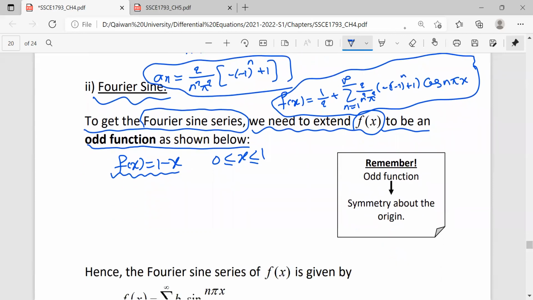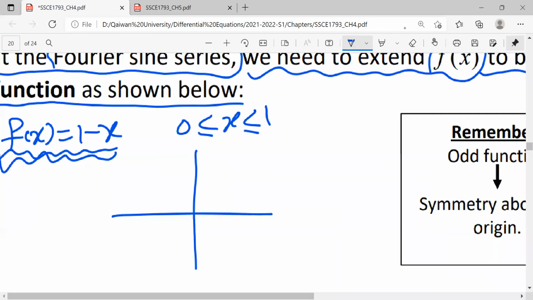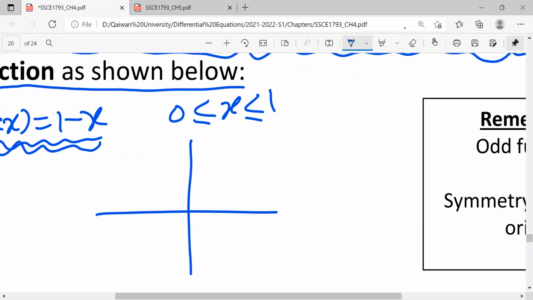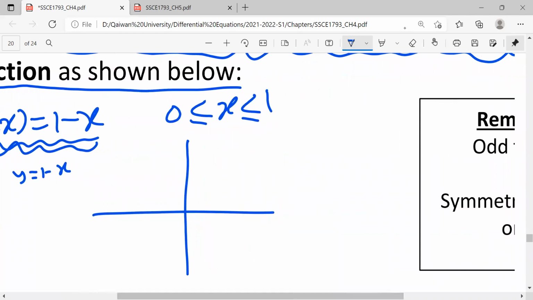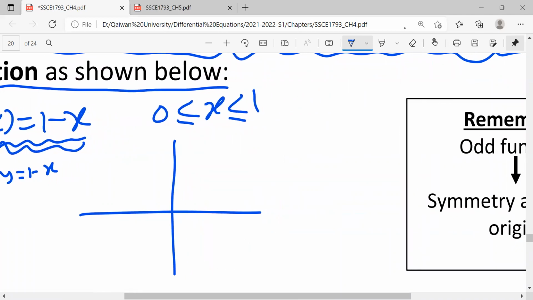First we draw the graph for this function. The graph of f of x is y equals 1 minus x. This is x and this is y, and let's say this is 1 and this is 1.